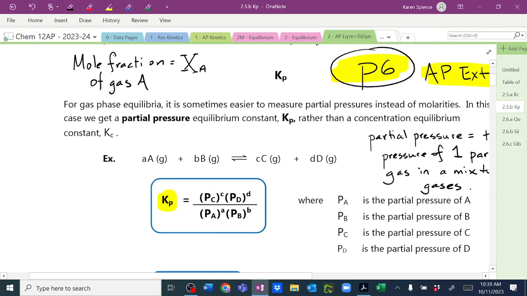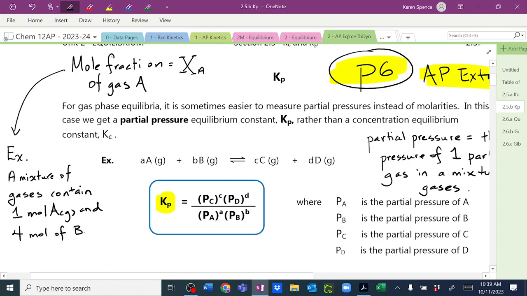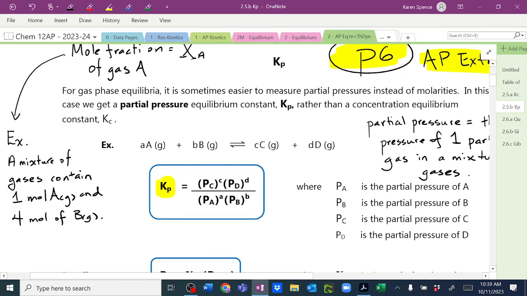So let's just say, for example, a mixture of gases contains 1 mole of A and 4 moles of B. What is the mole fraction of A?